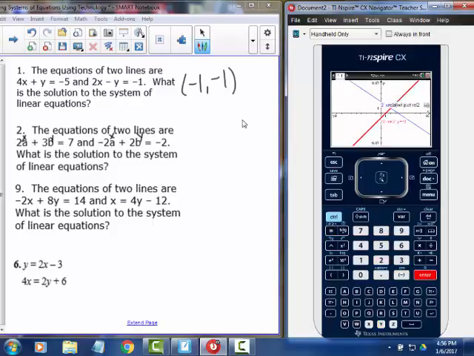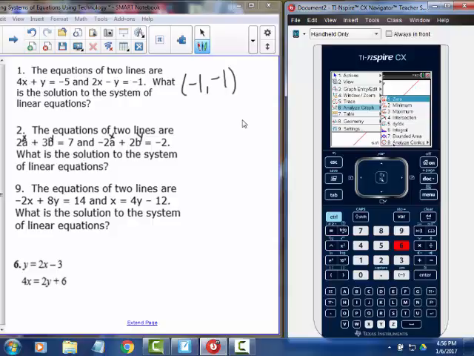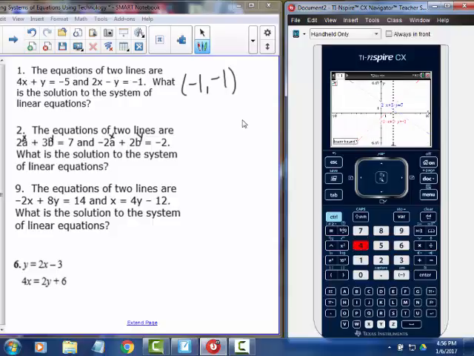All right, so they're graphed. I can see my point of intersection. So now menu 6, 4, and I use my cursor keys to bring the dotted line to the left and then to the right, and it comes up and says intersection, and that appears to be at 2, 1.